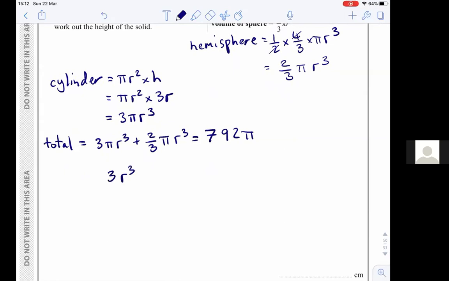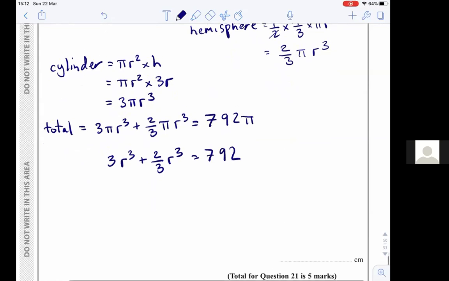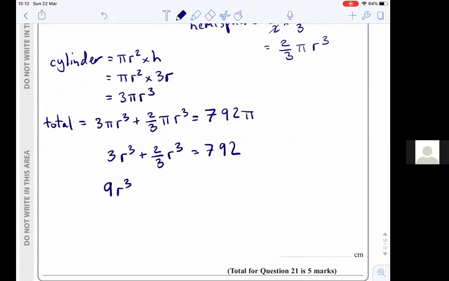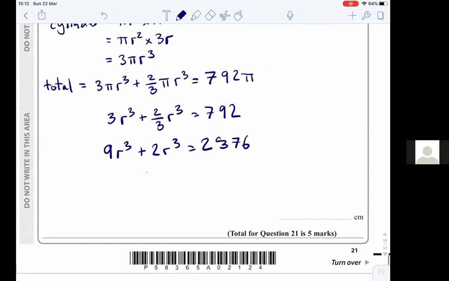So 3r cubed plus 2/3 r cubed equals 792. Now we've got a horrible denominator here, so let's just multiply everything through by 3. So 9r cubed plus 2r cubed equals, what's 792 times 3? 2,376. So 11r cubed is 2,376. I've just collected like terms on that left-hand side.